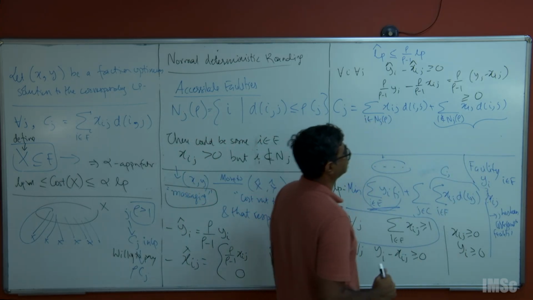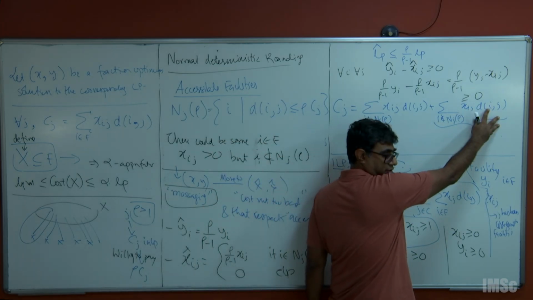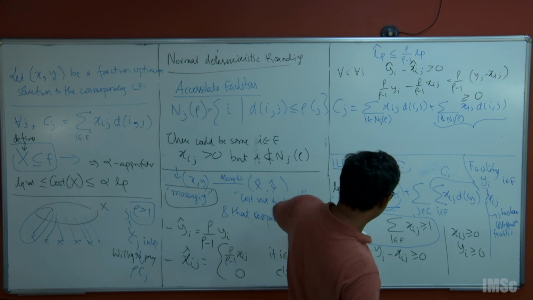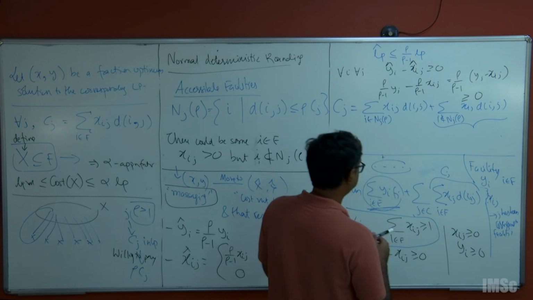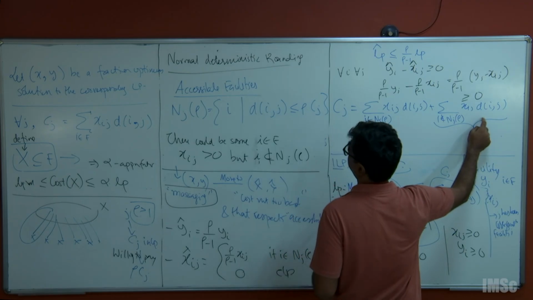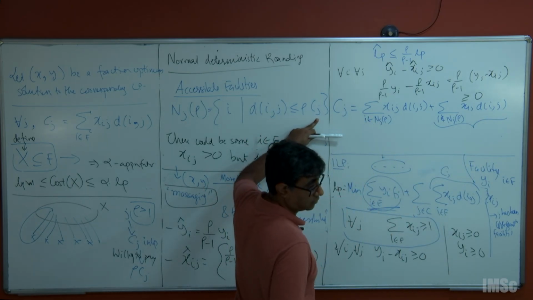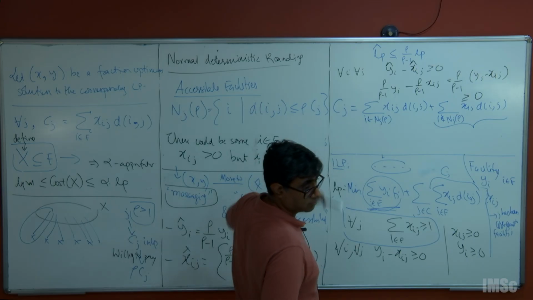In the x hat, if I would have substituted xij hat, this will contribute 0. That's okay, right? But we also know something about dij. It is strictly more than rho times Cj. Okay, strictly more than rho times Cj.